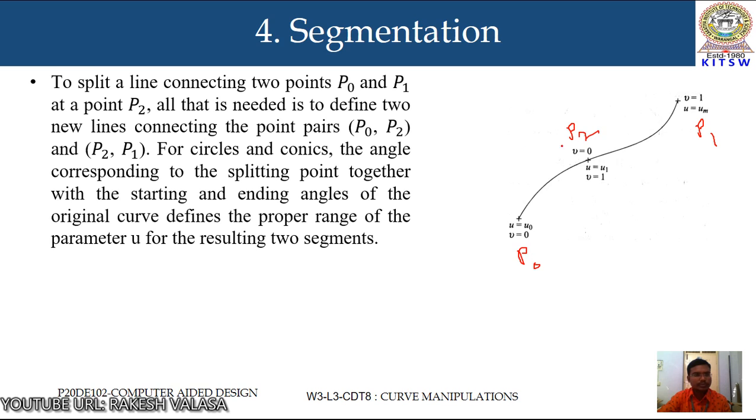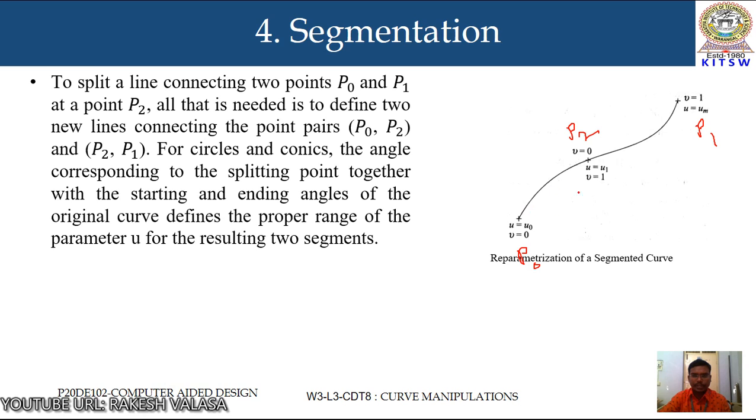All that is needed is to define two new lines connecting the point pairs: P0 to P2 is one pair, and P2 to P1 is another pair. For circles and conics, the angle corresponding to the splitting point together with the starting and ending angles of the original curve define the proper range of parameters u for the resulting two segments.